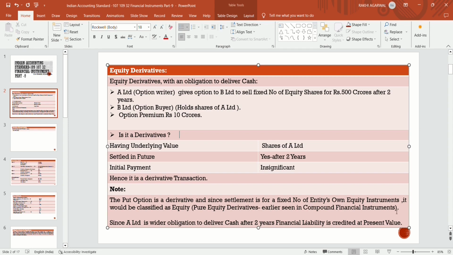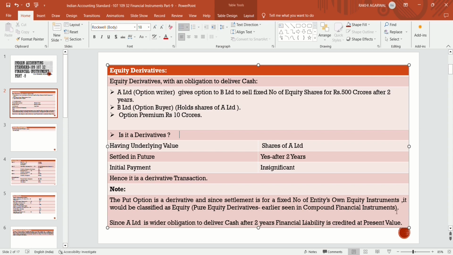So it is fulfilling the definition of equity. Settlement happens at a future date, that is after 2 years, and the initial payment is insignificant because 10 crore is insignificant compared with a settlement of rupees 500 crore, which is even less than 5%. Hence it is fulfilling the definition of a derivative transaction.